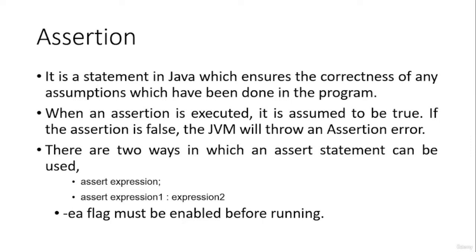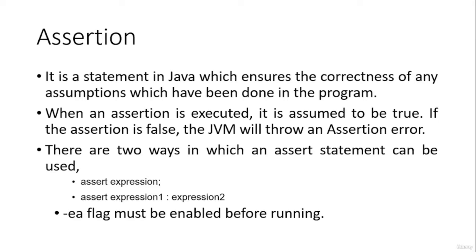One more thing about assertions is that by default they are expected to be true, but when an assertion evaluates to false, then an assertion error will be thrown. Usually we will not catch that error. The assertion error will print a particular message that we will be able to understand.